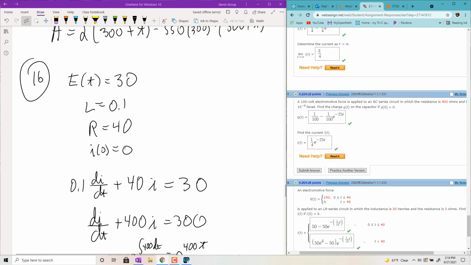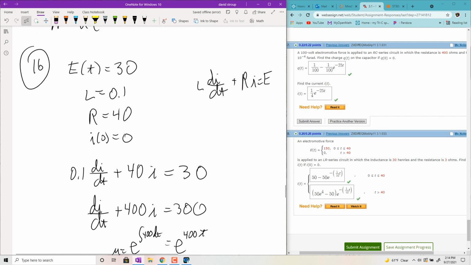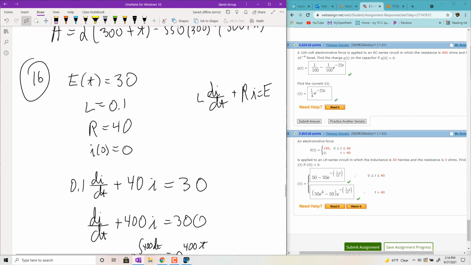L di over dt plus ri equals E. And then you'll have 2 pieces that you need to solve, and I'll let you do that on your own though. And then you have to hook them up so they have the same value at t equals 40.